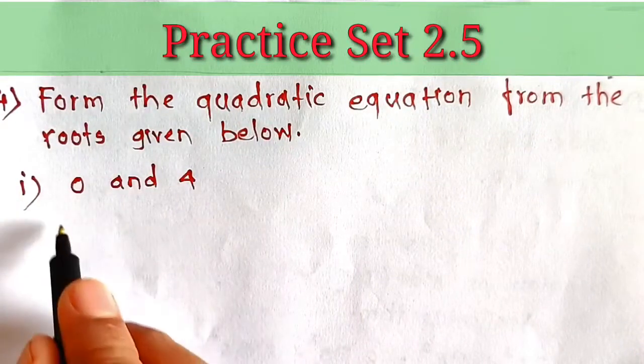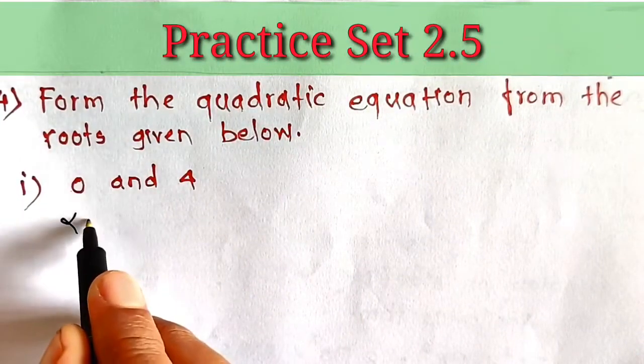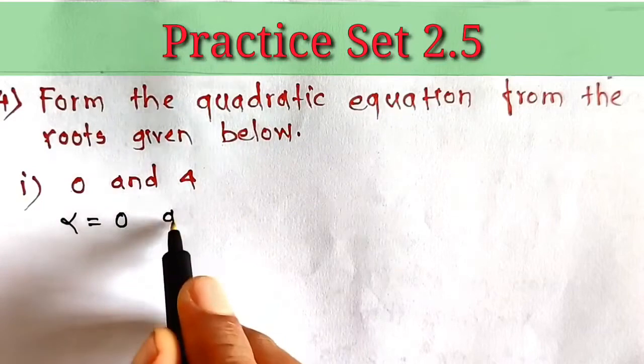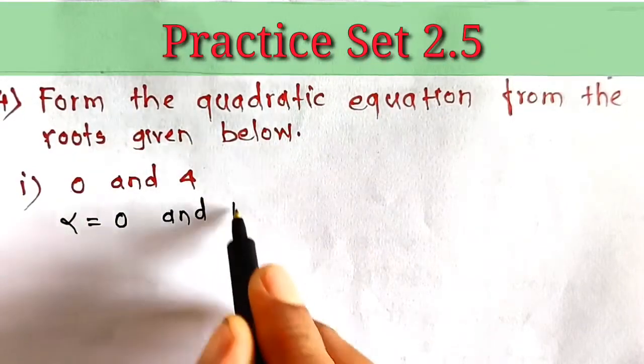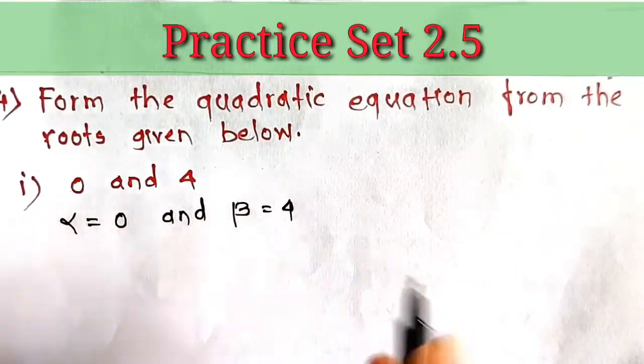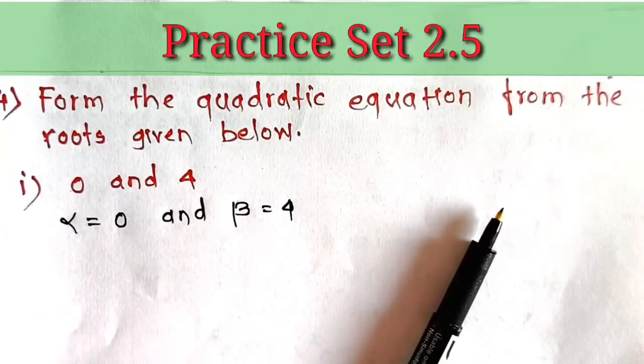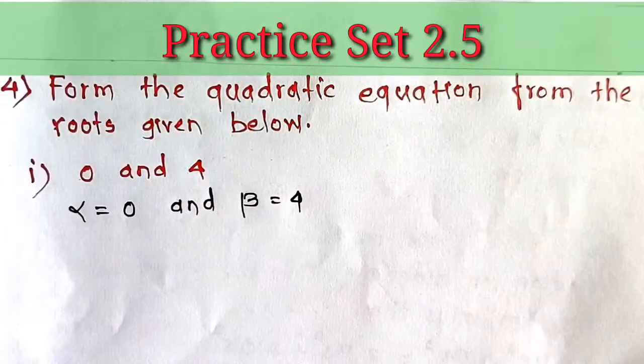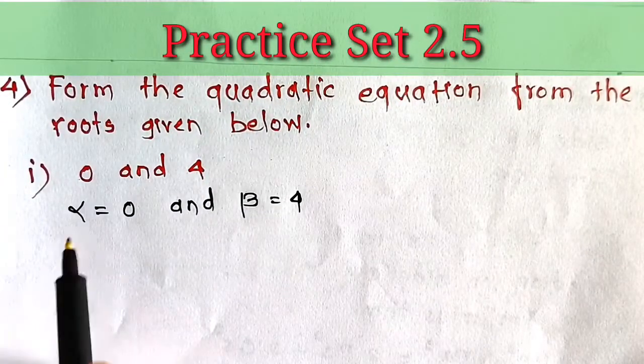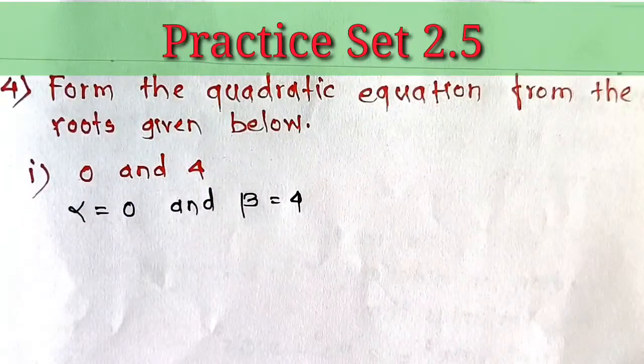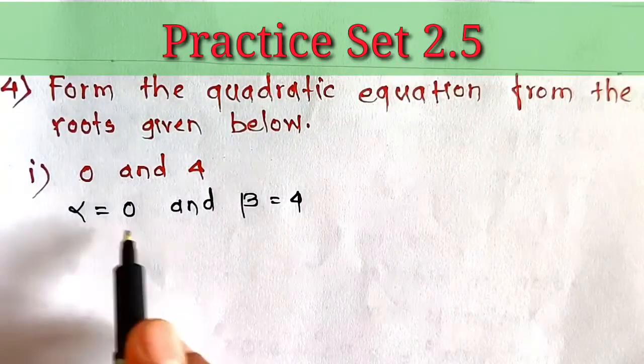The roots are given, that means these are the values of alpha and beta. Here alpha is 0, beta is 4.